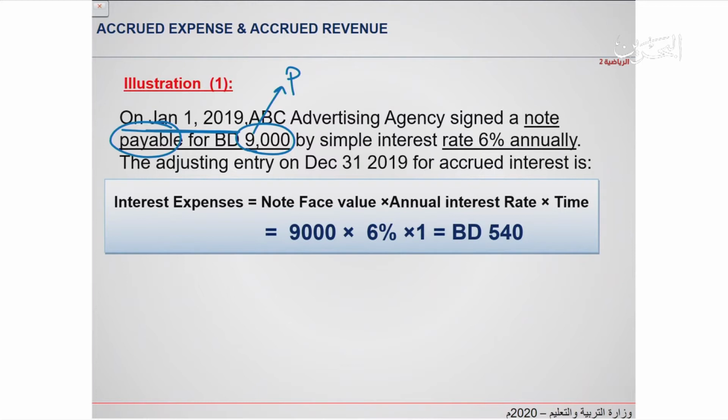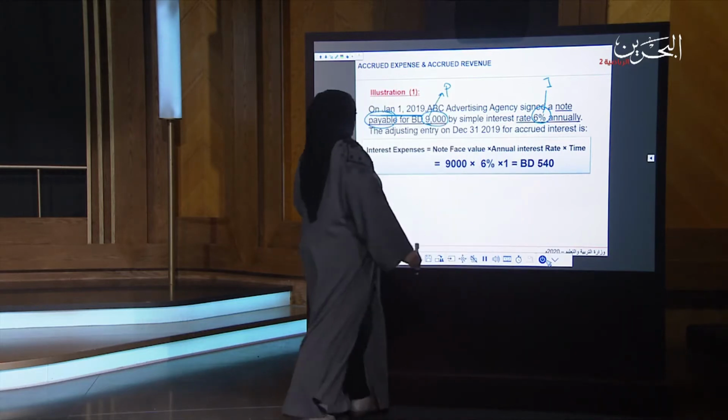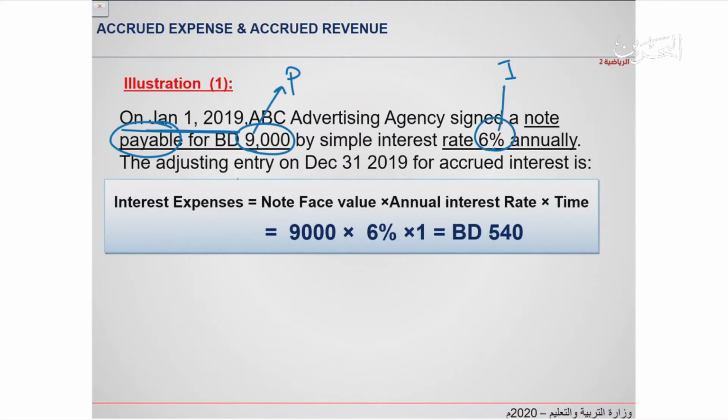This is the principal, by a simple interest rate of 6%, this is the I, annually. You want the adjusting entries for December 31, 2019. As you see here, from 1 January until December 31, you mean 1 year. This is the T, the time.